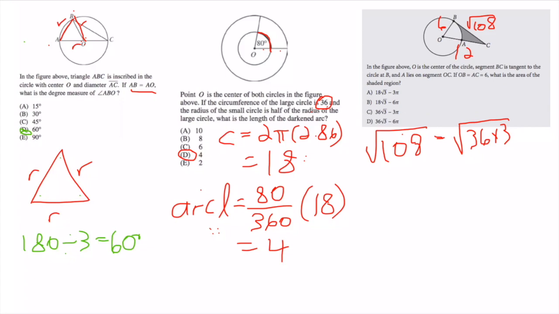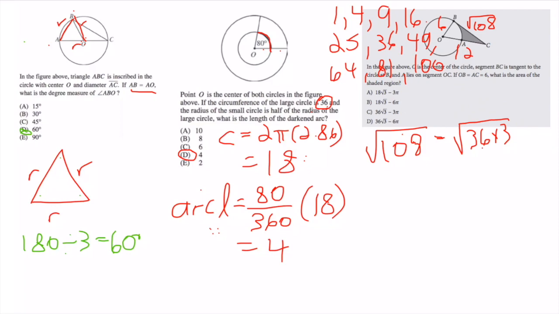So 36 times 3 equals 108, and 36 is the highest perfect square that'll divide evenly into 108. What I mean by perfect squares is like 1 squared is 1, 2 squared is 4, 3 squared is 9, 16, 25, 36, 49, 64, 81, and 100.